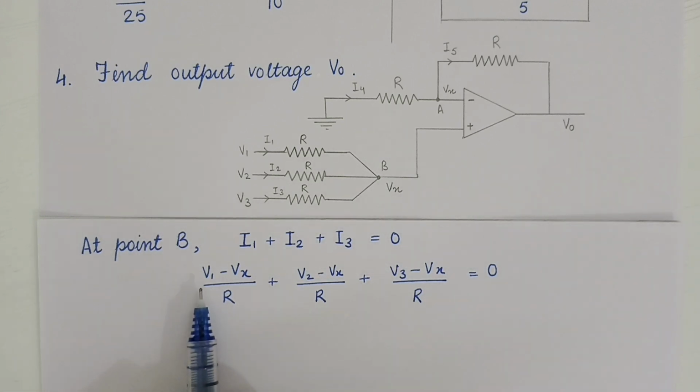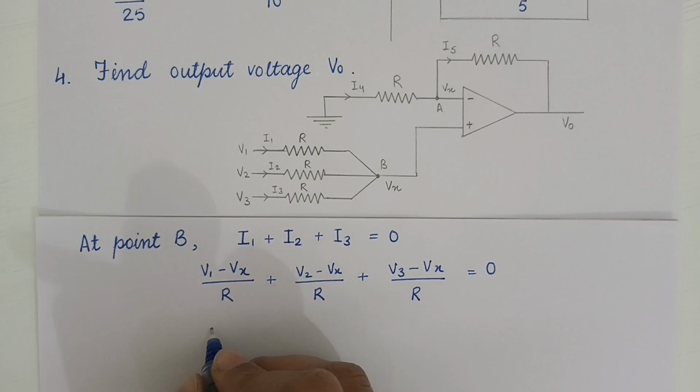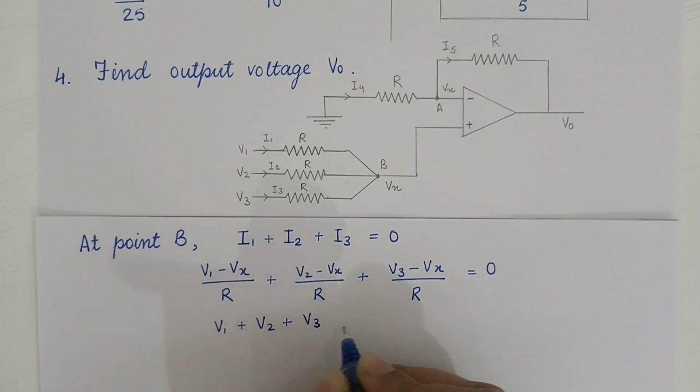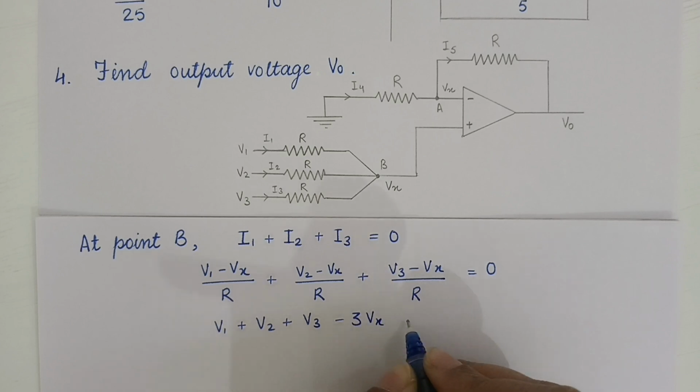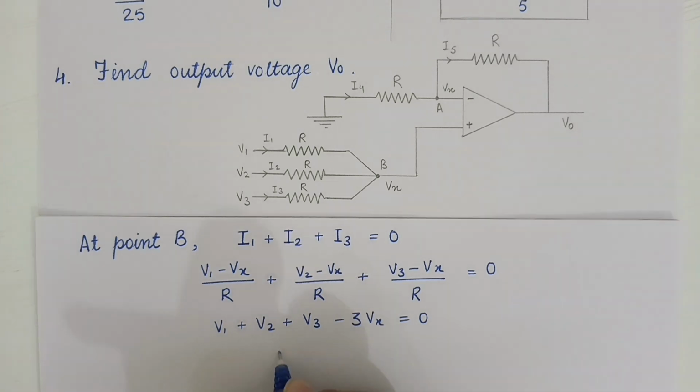And then you can just add V1 plus V2 plus V3, and 3 minus V's are there: minus Vx minus Vx minus Vx. So you can write minus 3Vx. So here we go. V1 plus V2 plus V3 minus 3Vx is equals to 0. And from here we can take out the value of Vx. Vx is equals to V1 plus V2 plus V3 divided by 3, taking this 3 in the denominator.